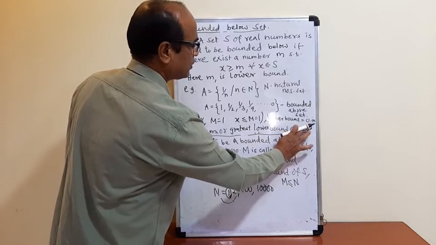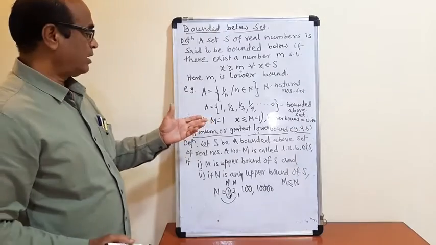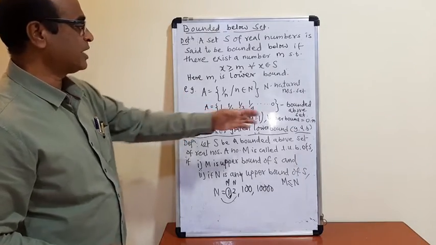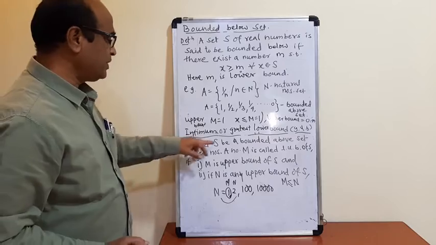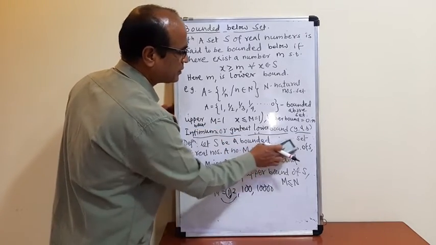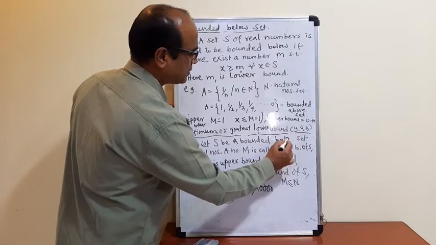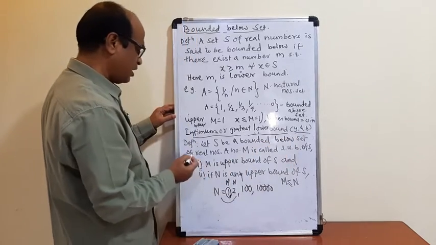What is the infimum, or greatest lower bound? Let S be a bounded below set of real numbers.